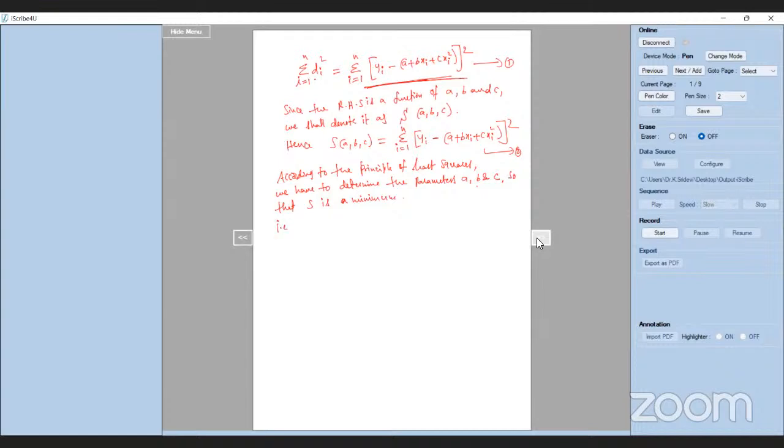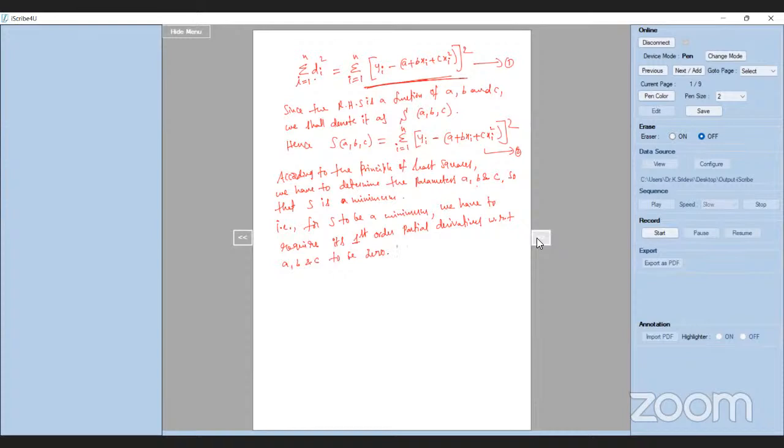This means that for S to be a minimum, we have to require its first order partial derivatives with respect to A, B, and C to be 0.